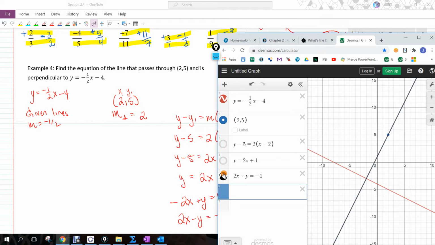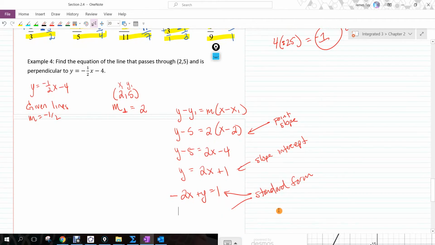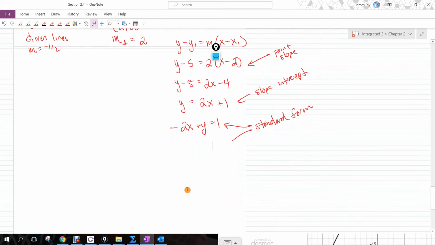So you see all of these lines are the same thing. These are all equivalent versions of the same line.